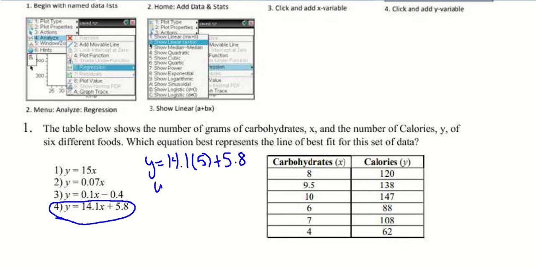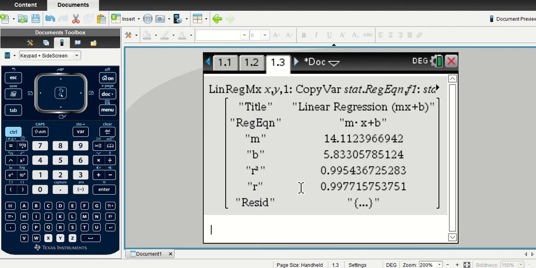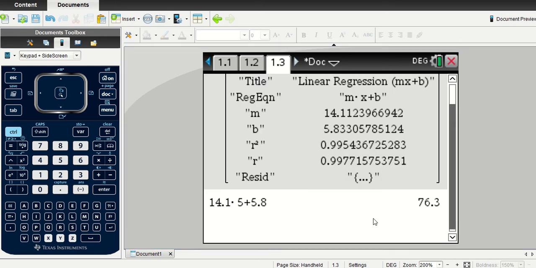And then this will tell us the calories using that linear regression here. So 14.1 times 5 plus 5.8, and we get 76.3.